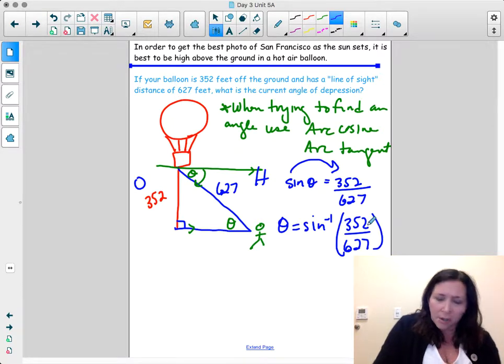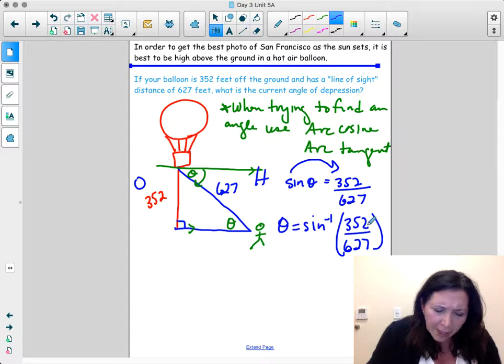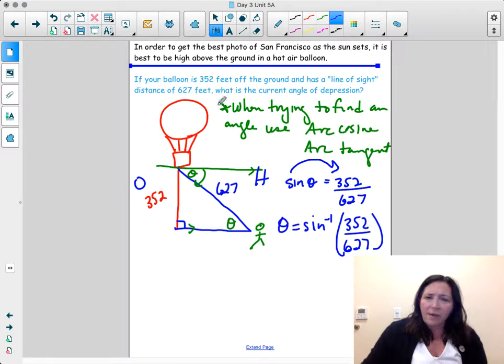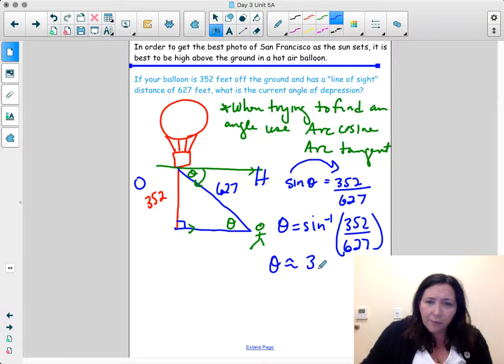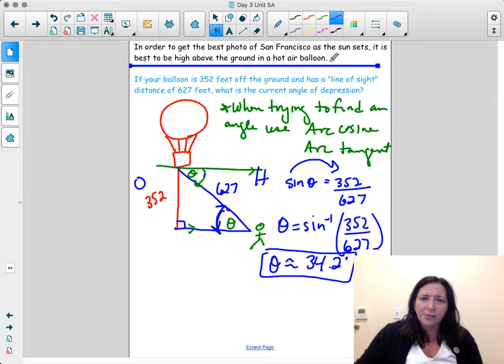I'm going to go arc sine of 352 divided by 627. I get 34.15. So we're going to say theta is about 34.2 degrees. Okay, so box that up. That's the angle of depression.